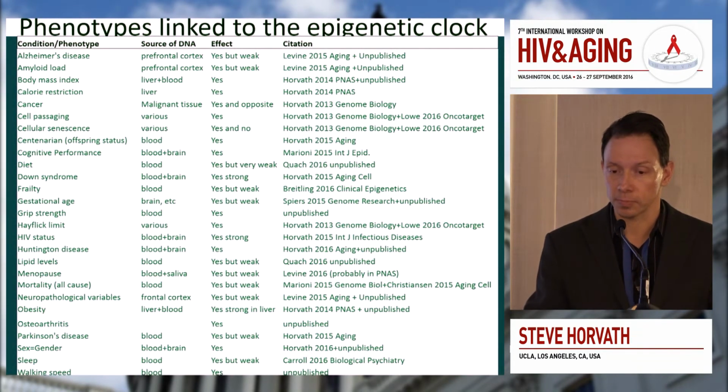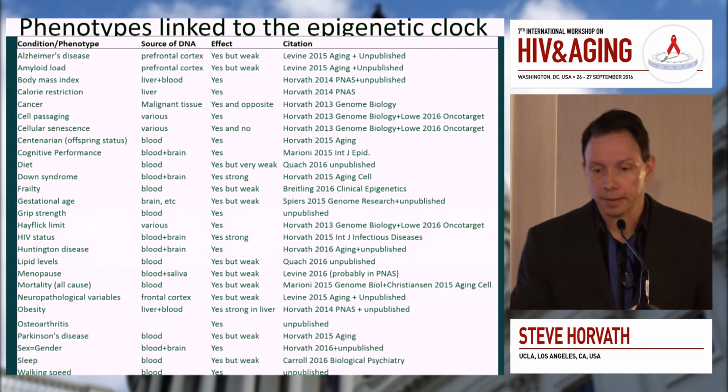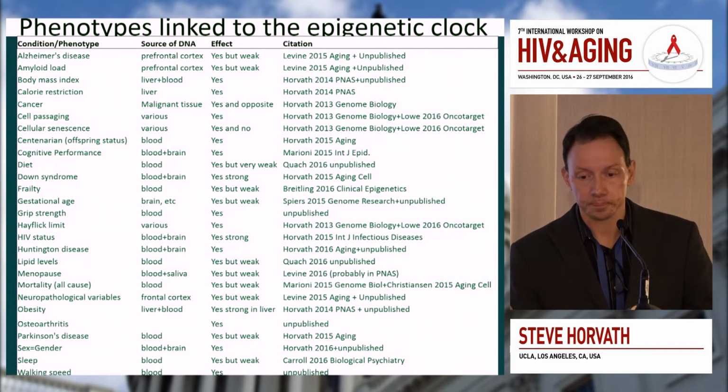That's why I will present that later. Huntington disease is associated with age acceleration. Menopause. Interestingly, the clock predicts all-cause mortality. So a blood measure is predictive of how long you live. It's not very accurate, but it's statistically very significant.